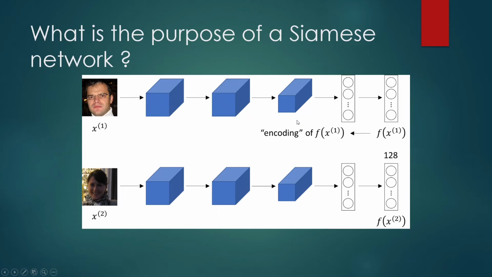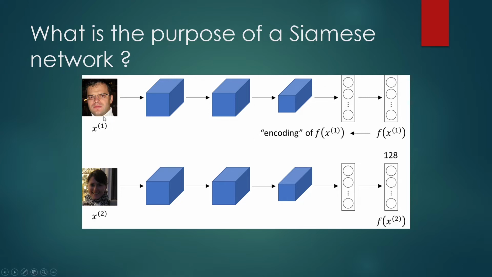To better understand this, let's look at this example here. We have the two inputs, x1 and x2, and we pass them through convolutions, poolings, and fully connected layers to get a feature vector. This feature vector is just an encoding of the images. To build a face recognition system, we need to compare these two images.